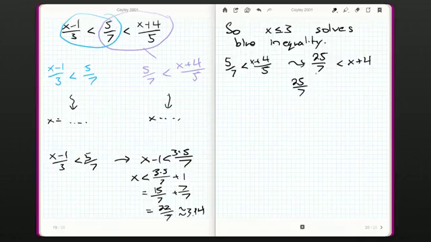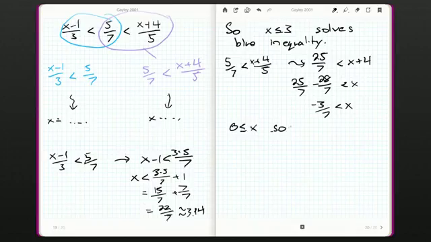Now I want a common denominator of 7, so I'm going to change it to 28/7. So that's negative 3 over 7 is less than x, and that's just a little below 0, so x being greater than or equal to 0 solves the purple inequality.